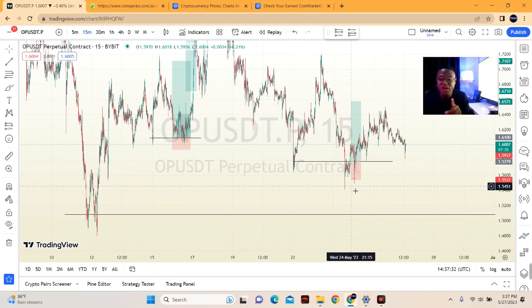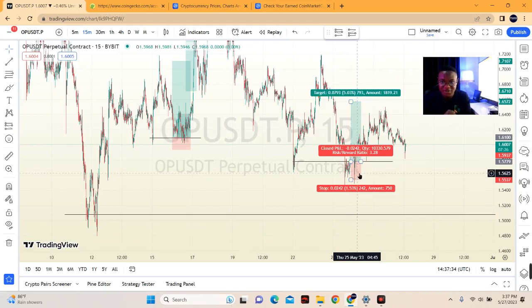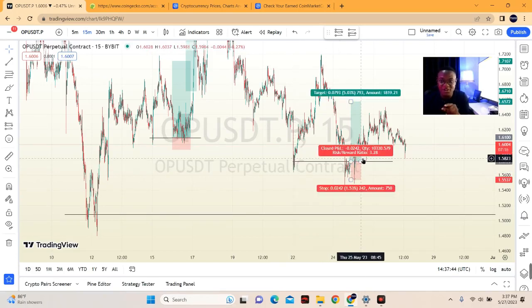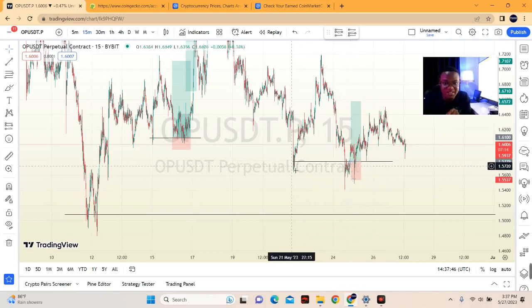So immediately Bitcoin dumped, OP also reacted to it by dropping further down below our own support zone. So let's assume that someone actually longed this place, looking at it as a very good zone to long OP, and you went ahead to long it. Bitcoin will drop further down, and then it's going to hit your stop loss before moving up. All right.